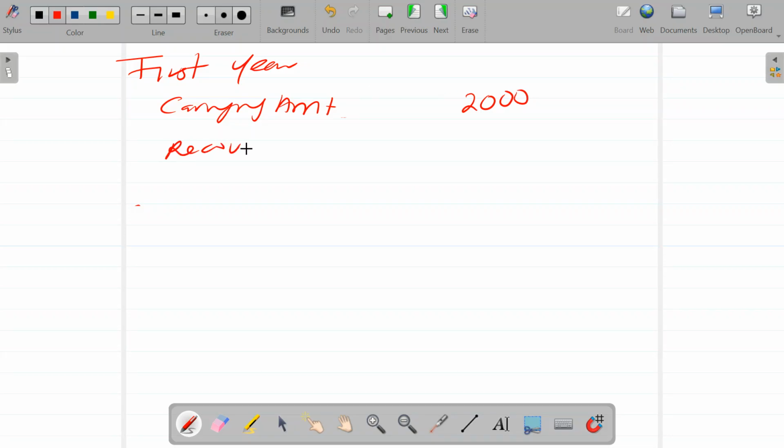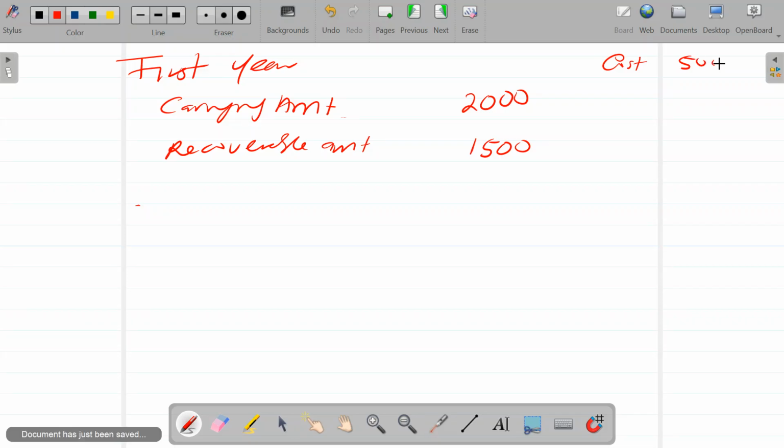Recoverable amount is 1,500. The cost of this asset is maybe 5,000, and the useful life is 5 years.